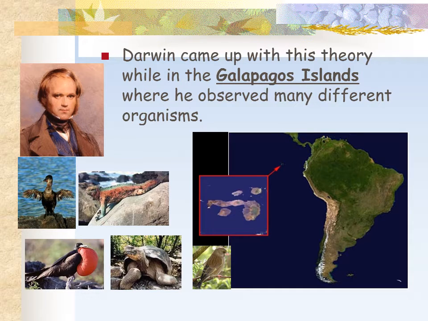Darwin initially came up with this theory while he traveled to the Galapagos Islands. The Galapagos Islands are this tiny group of islands. They're all volcanically created off the west side of South America, in present-day Ecuador. And basically, he was seeing all kinds of variety of life forms here that hadn't been seen or described before.